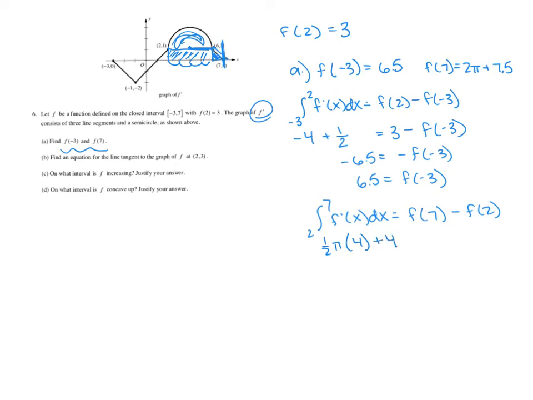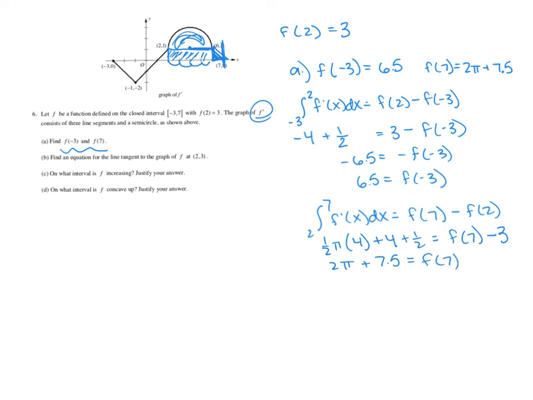And then this little triangle here is just a 1/2. F of 7, f of 2 is 3, so f of 7 minus 3. So this is going to be 2 pi plus 4.5, and then plus 3 from the other side is going to give us that 7.5.